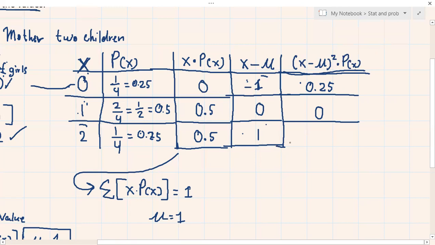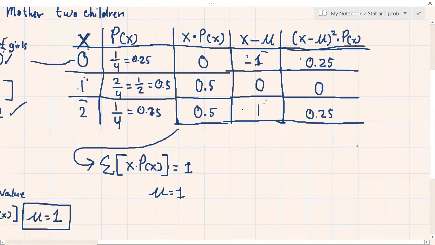Now, let's go back here. So, sa third row, so yung x minus mean natin ay si 1. Alright? So, we will have 1 squared times p of x natin ay 0.25. So, ang resulta nito, 1 squared times 0.25 is 0.25.